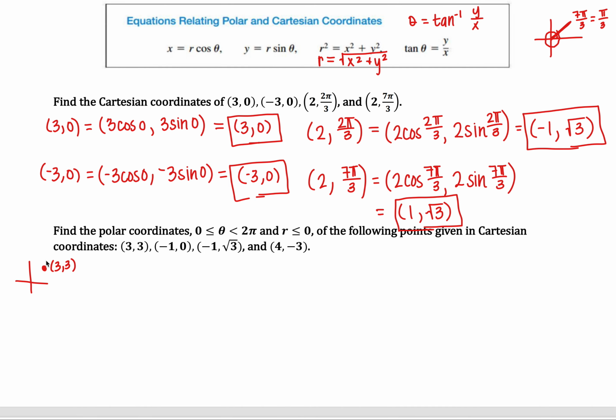There we go. Theta is found by taking the inverse tangent of y over x. So in this case, theta is the inverse tangent of 3 over 3. So we have the inverse tangent of 1, which means that theta is just pi over 4.